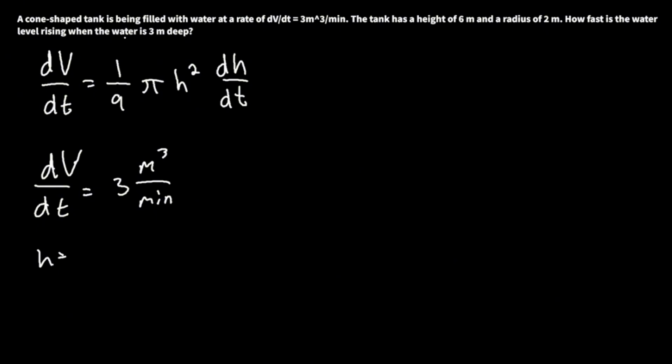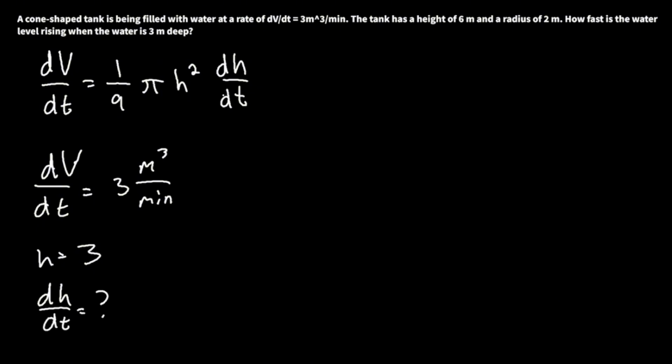When the water is 3 meters deep, sorry, we take the value we're trying to measure at. So we want to find the water level rise at 3 meters. So we take 3 for the height, and we want to solve for dh over dt. That is the question mark in this case. We have no idea what it is.